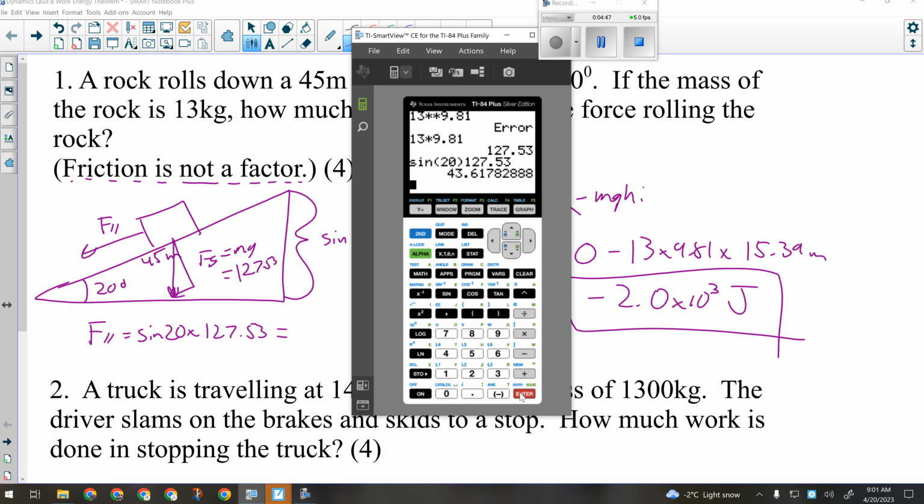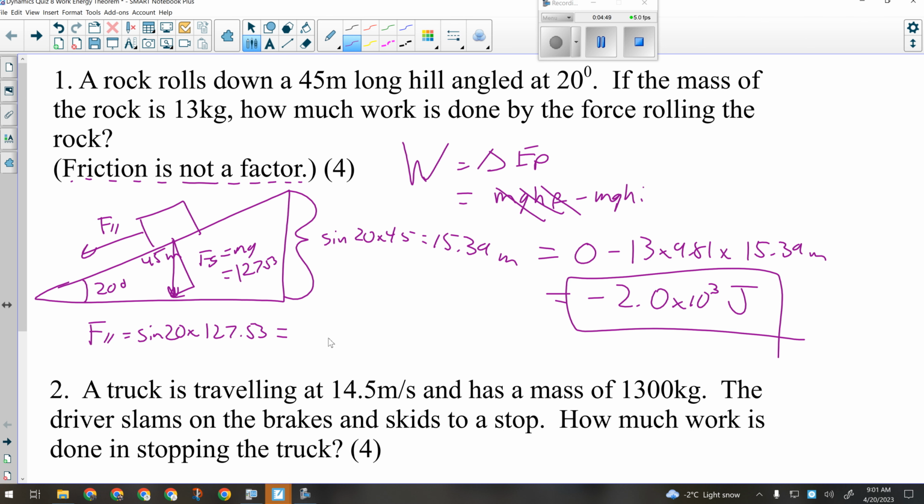So 43.62 newtons. And then work equals force times distance, which is going to be 43.62 times 45.